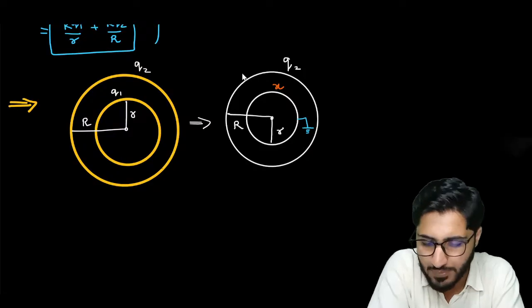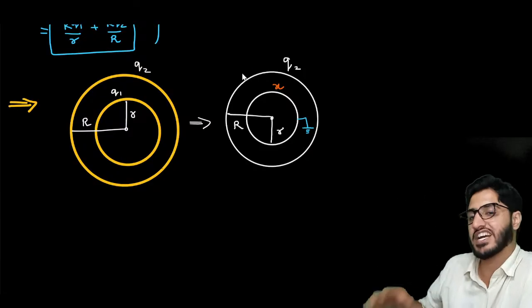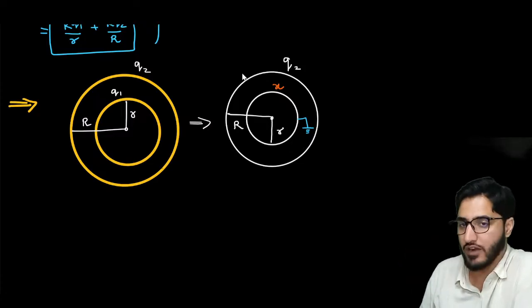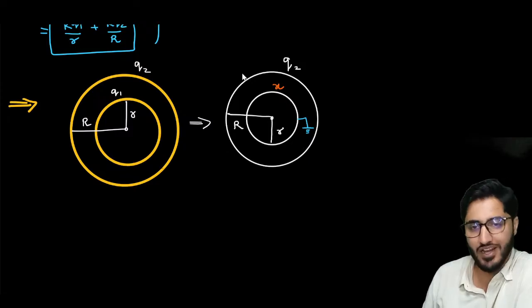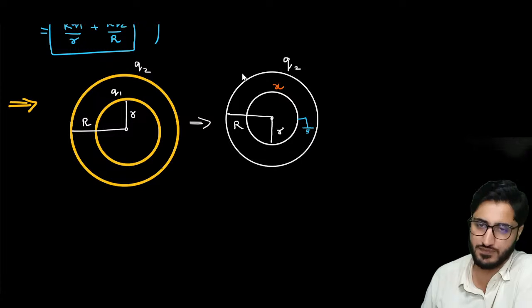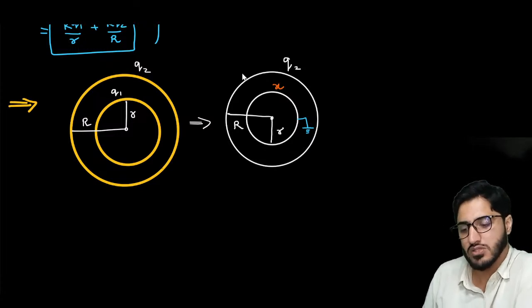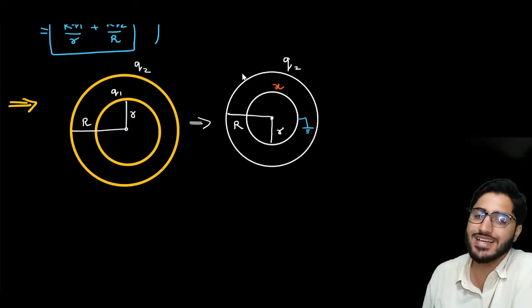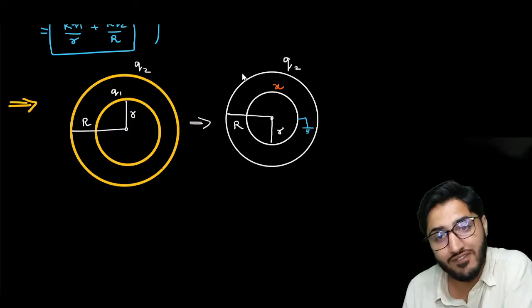After earthing, charge distribution will take place. We are connecting two bodies, and we know that the earth is assumed to be at zero potential. So what will be the value of this x?